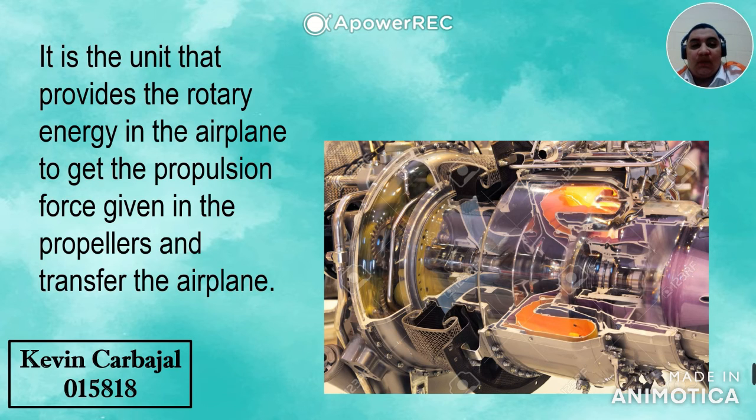It is the unit that provides the rotating energy in the airplane to get the propulsion force given to the propeller and move the airplane. Initially, in model aircraft, this rotating energy was achieved using small sections of rubber thread twisted before the flight.